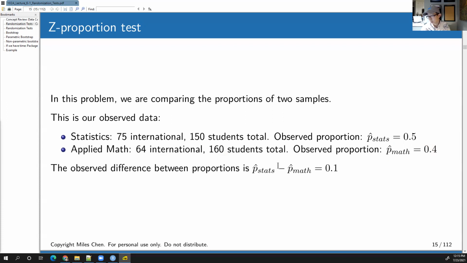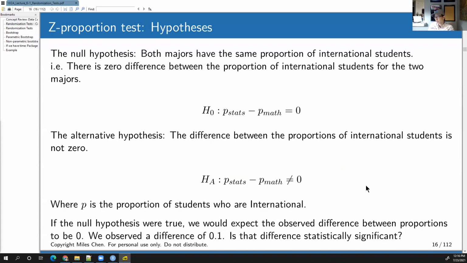All right, and so the difference between the proportion of international students in stats and the proportion of international students in applied math, that difference is 0.5 minus 0.4. We have a difference of 0.1, a difference of 10 percentage points between the two proportions. And the question is, is that difference of 10% significant or not?